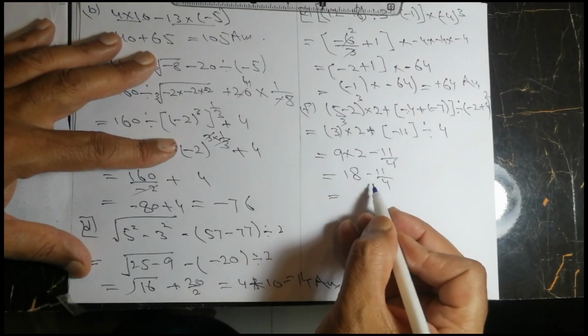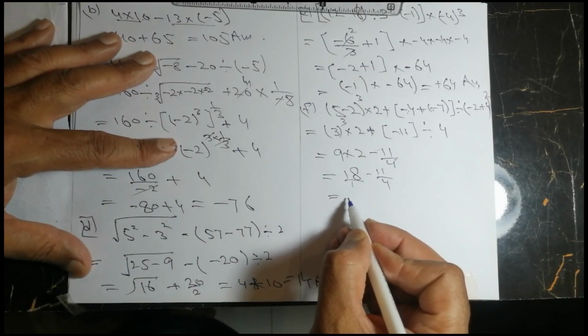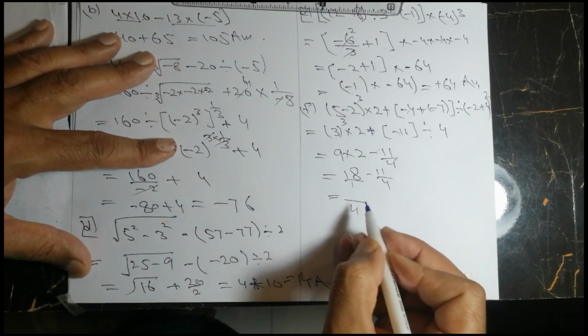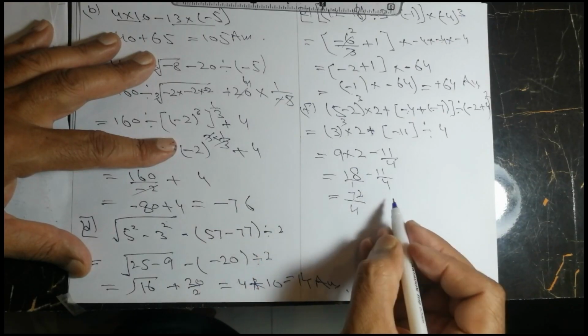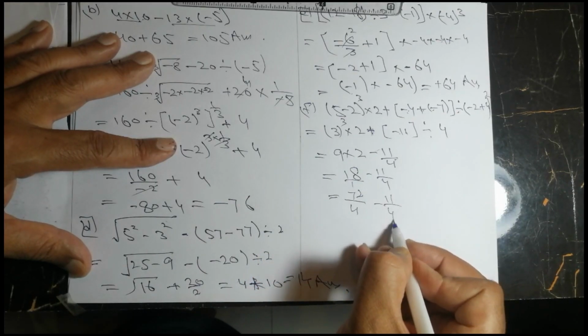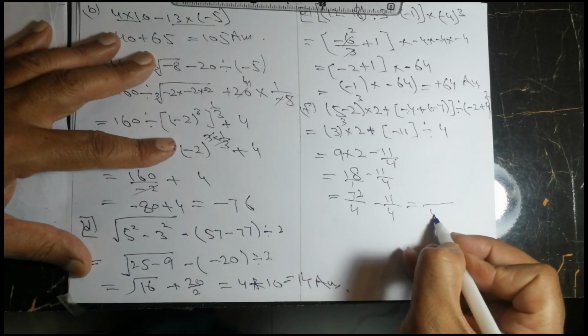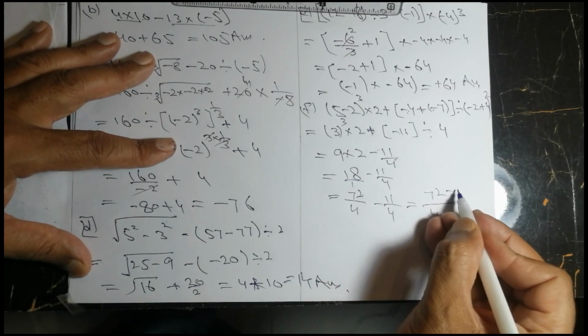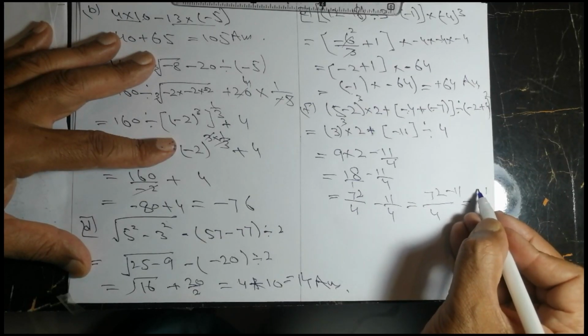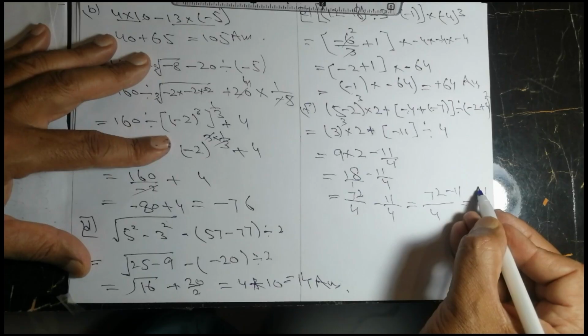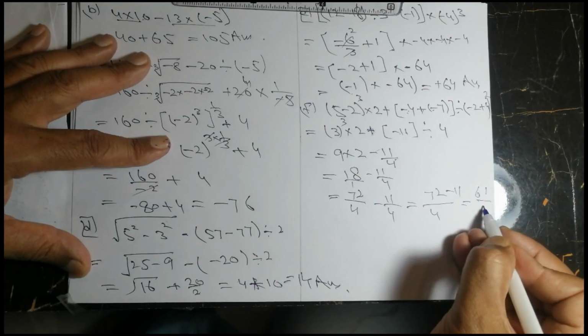So make this 18 by 1, make this denominator 4, and this will be 72 by 4 minus 11 by 4. 72 minus 11 is 61 over 4.